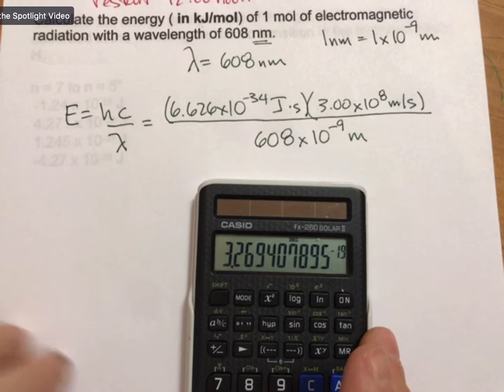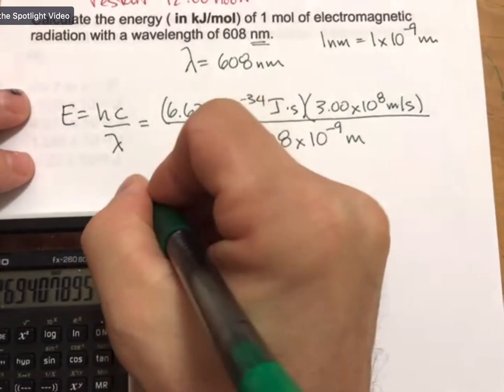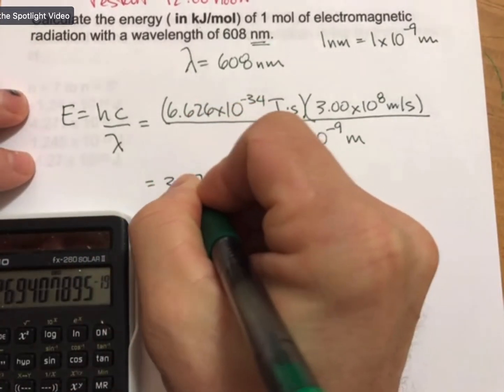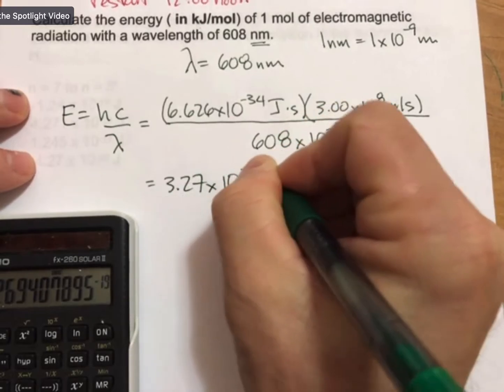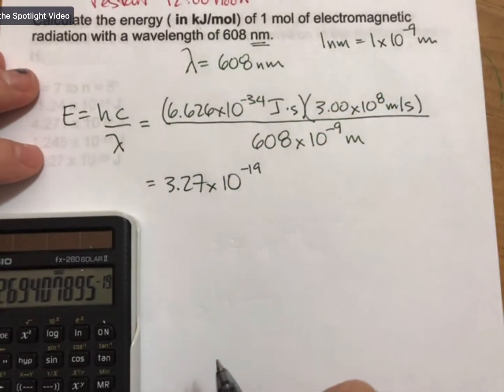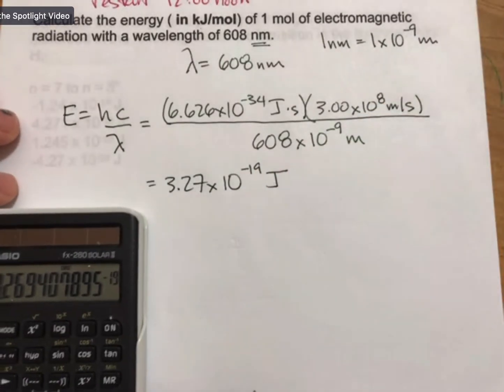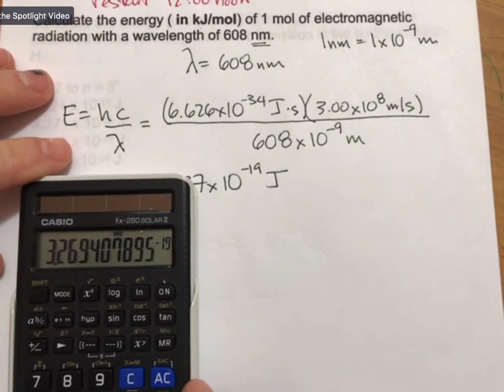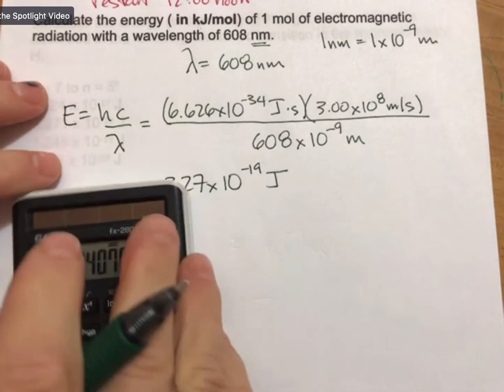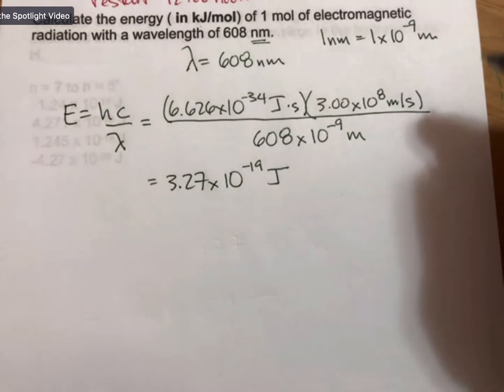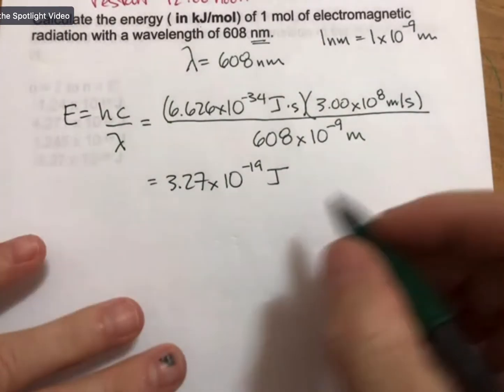And I get 3.27 times 10 to the minus 19 joules. Rounding up to 3.27.